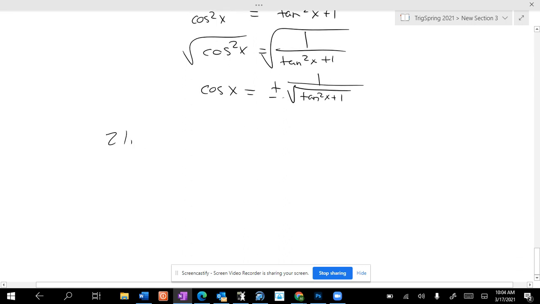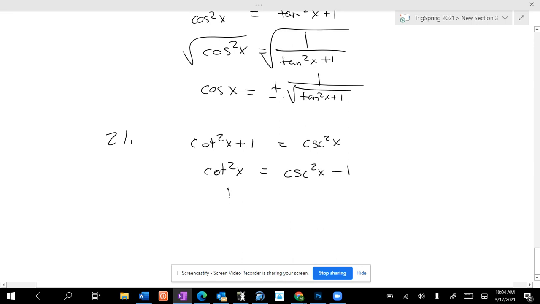21. Tangent in terms of cosecant. Are tangent and cosecant in the same Pythagorean identity? No. Cotangent and cosecant are in the same Pythagorean identity. Tangent and secant are. Now, is it easy to turn cosecant into secant, or is it easy to turn tangent into cotangent? Tangent into cotangent. So cotangent squared of x plus 1 equals cosecant squared of x, so cotangent squared of x equals cosecant squared of x minus 1.